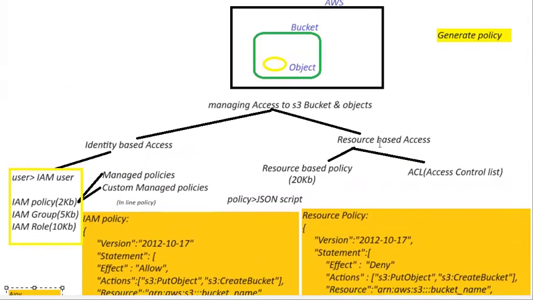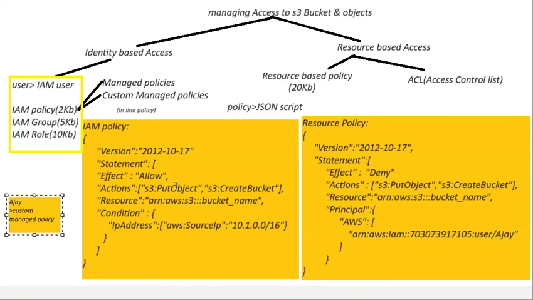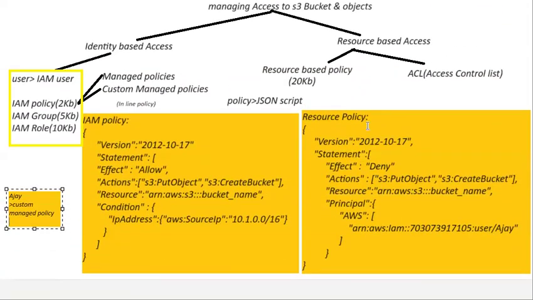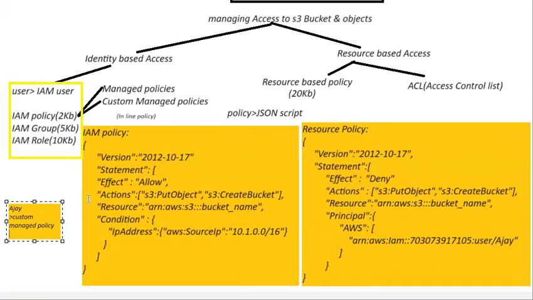And in the IAM policy, even though we specified allow for Ajay to put object, this is denied due to the resource based policy. Deny has high priority compared to allow.